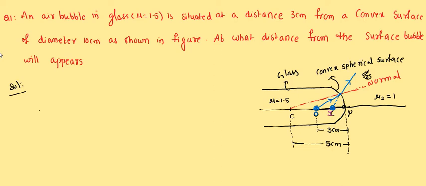The line joining the center of curvature and a point on the sphere gives the normal. Light cannot travel in a straight line, it will bend away from the normal.